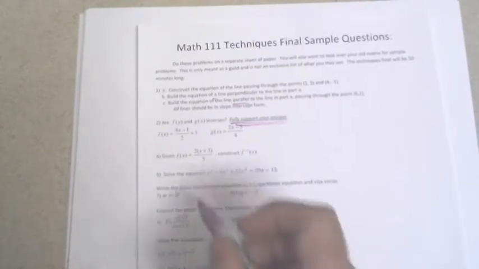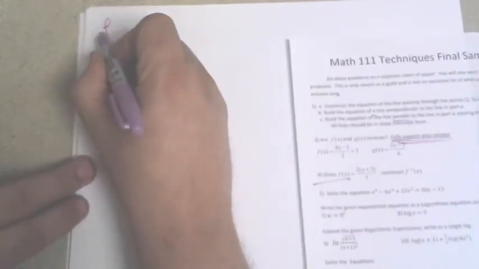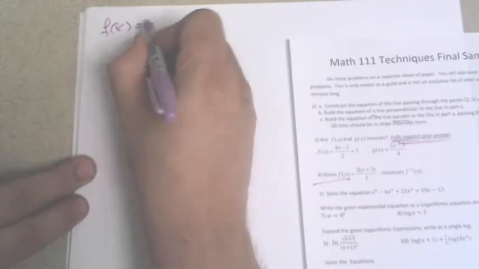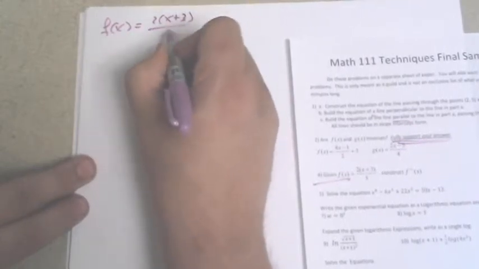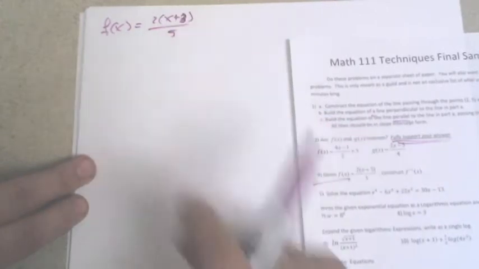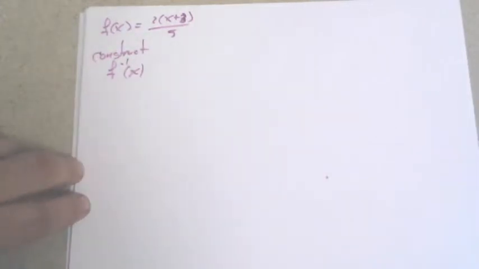Good. Question 4, given a function f of x equals (2x plus 3) over 5, we want to construct f inverse. Now this is quite a different skill from testing whether or not two things are inverses.